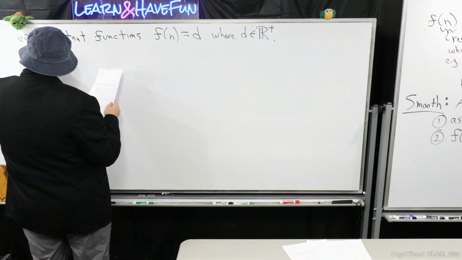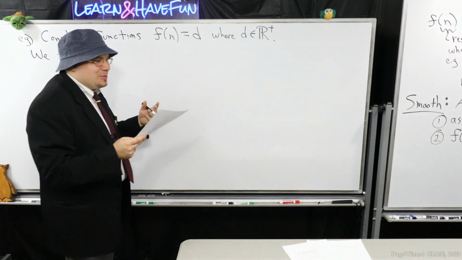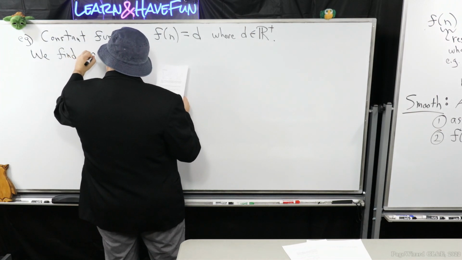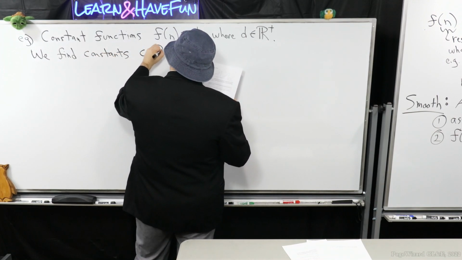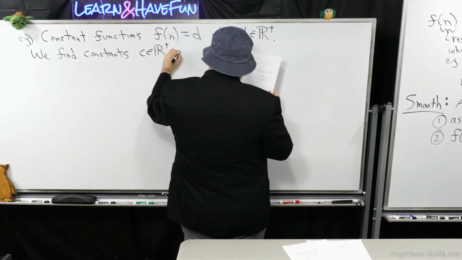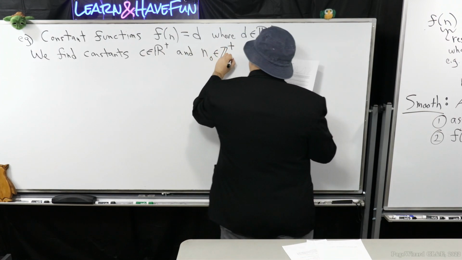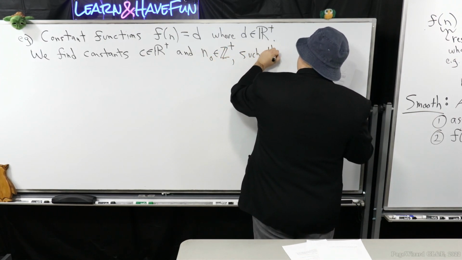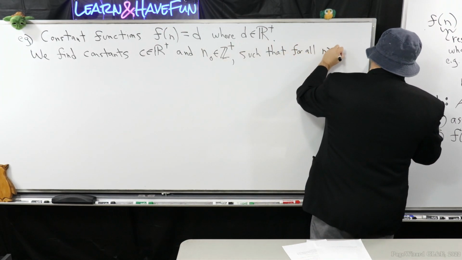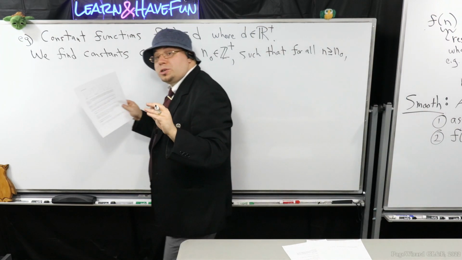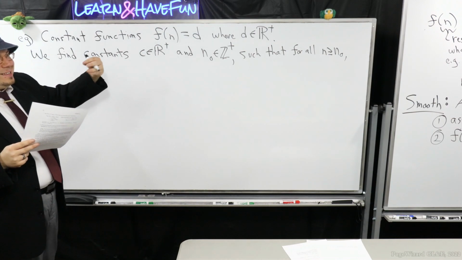As usual, we have the game plan. I tell you what I'm going to do with our proof. We find constants c, which is a positive real number, and n0, which is a positive integer, such that for all n greater than or equal to n0, remember our goal is to show that f of 2n is less than or equal to c times f of n.